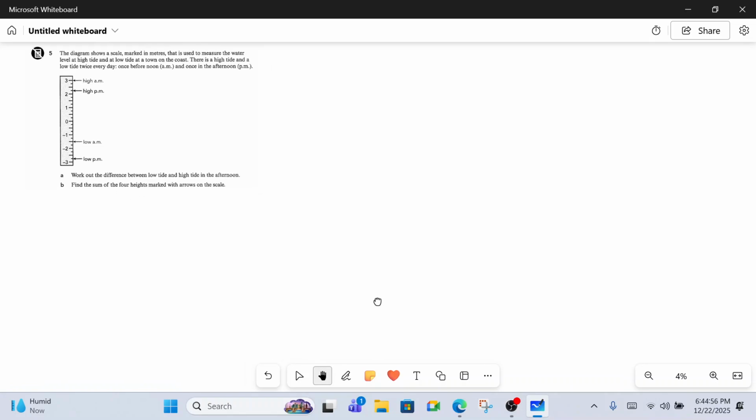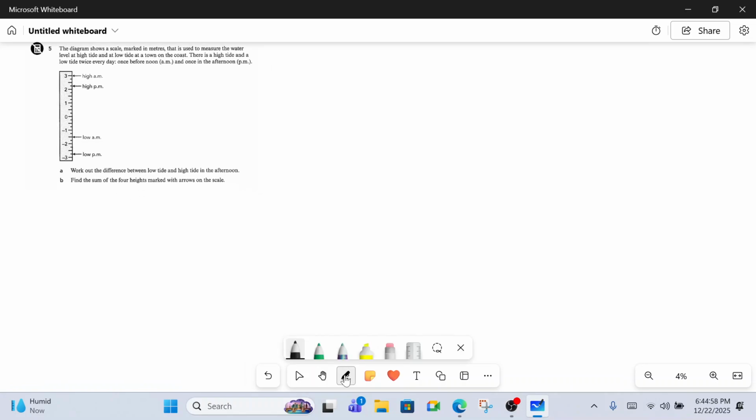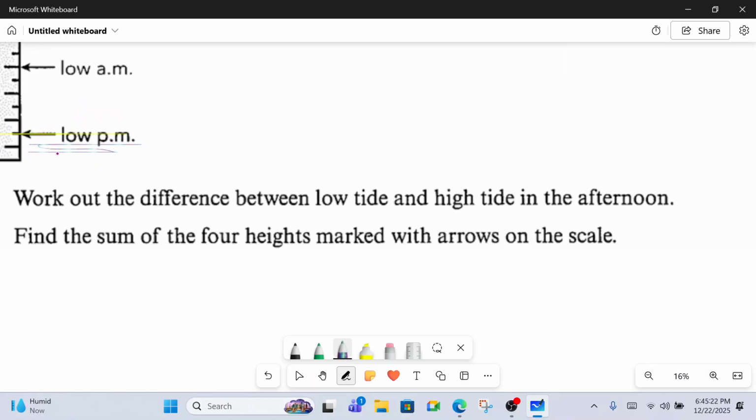So what did 5B ask us to do? 5B asked us to find the sum of the 4 heights marked with the arrow scale. So these are marked with our arrow scales. Let me just highlight it for you. You can see these are marked. I'm not sure if you guys can see it. Let me just use this pen. If I zoom in, this is marked with an arrow.